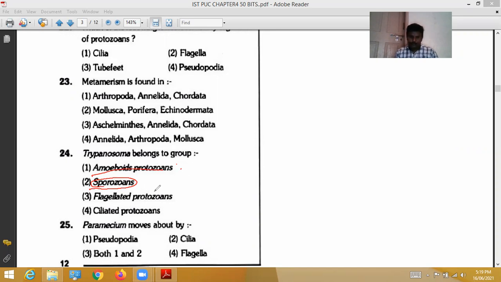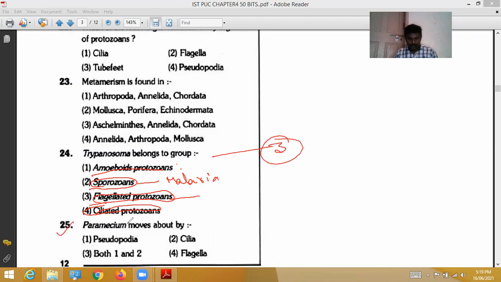Amoeboid protozoans include radiolarians, marine and freshwater amoebae, and Entamoeba histolytica. Sporozoans belong to the protozoans but not to Trypanosoma; they cause malaria in human beings, and the spore-like stage is the infective stage. Trypanosoma belongs to the flagellated protozoans. It causes sleeping sickness in human beings. Ciliated protozoans include Paramecium, which has cilia. So among these four options, the correct option is the third, flagellated protozoans.